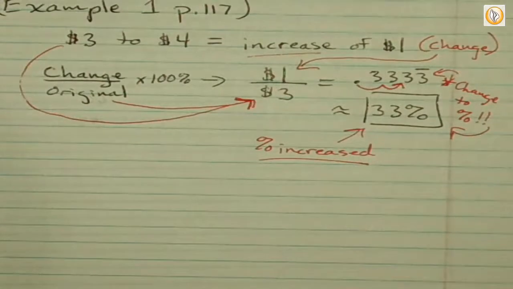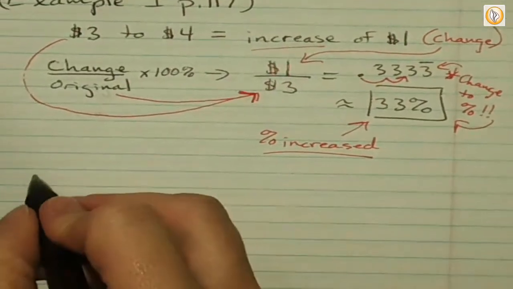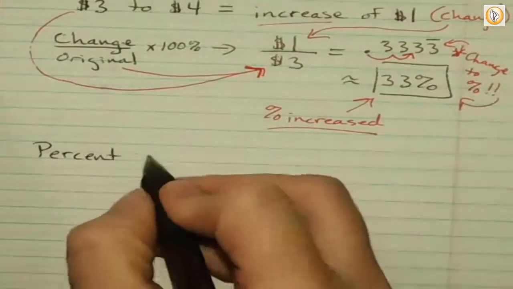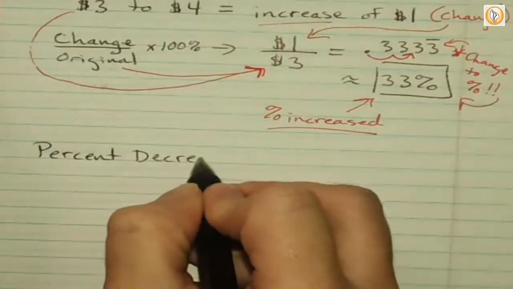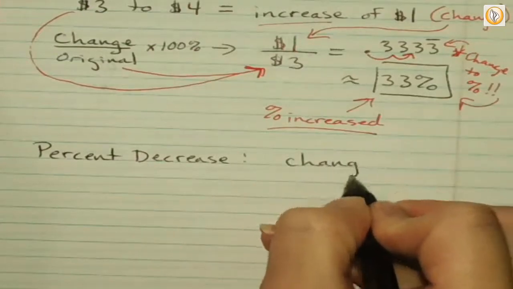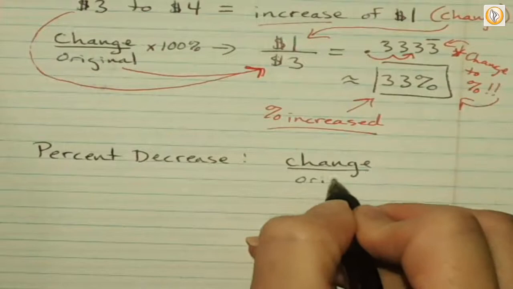But then he went back down to $3. So now the second part is the percent decrease. Guess what? It's done the same way. Percent decrease, it's still change over original.